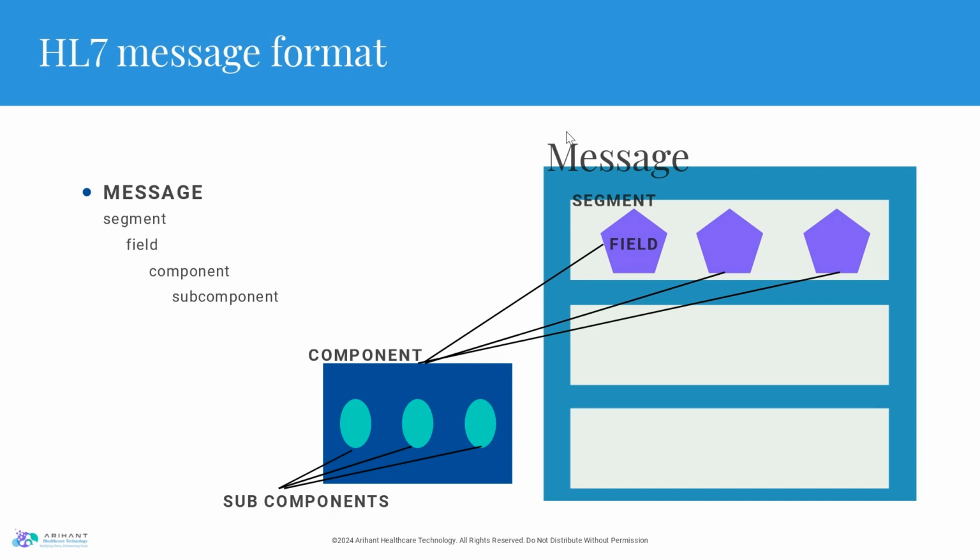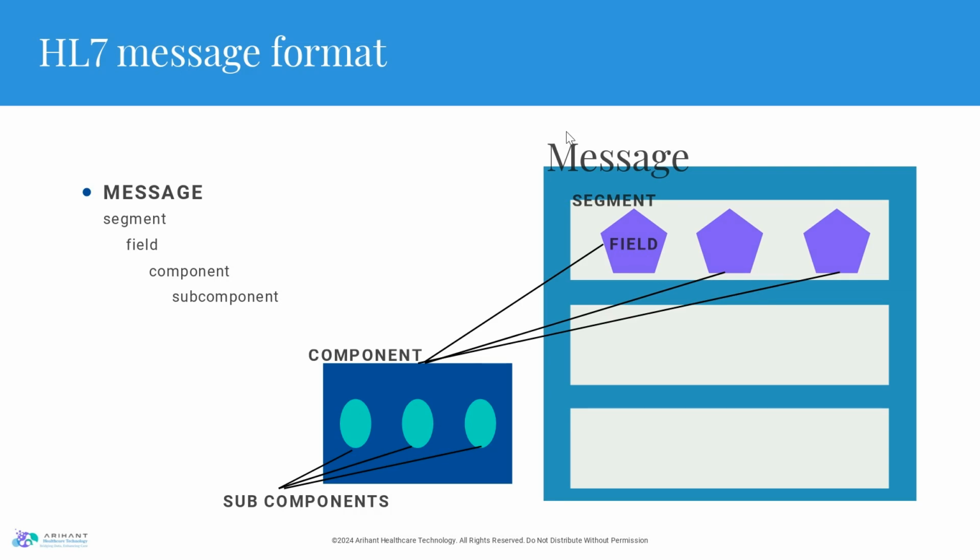Let's understand a message as kind of our closet. Under each closet there are racks or compartments, racks or shelves, I would say. So each shelf is considered as a segment, and under each shelf, we consider fields as the compartments.